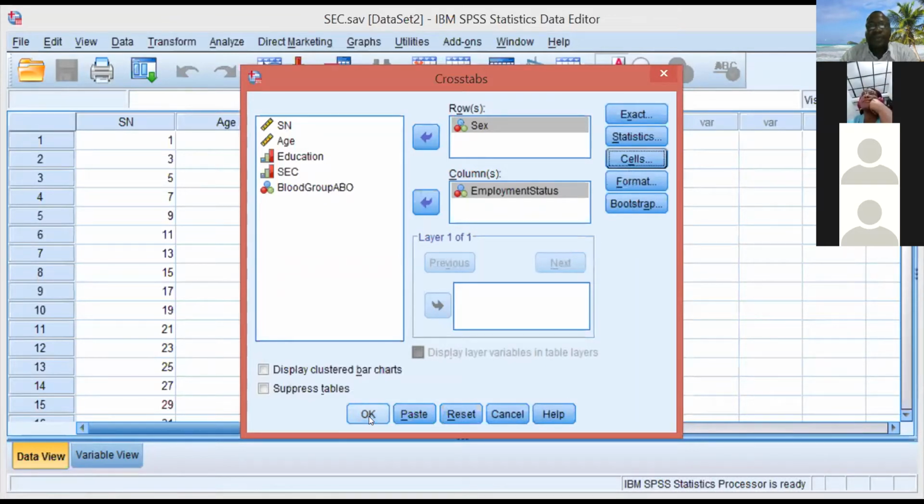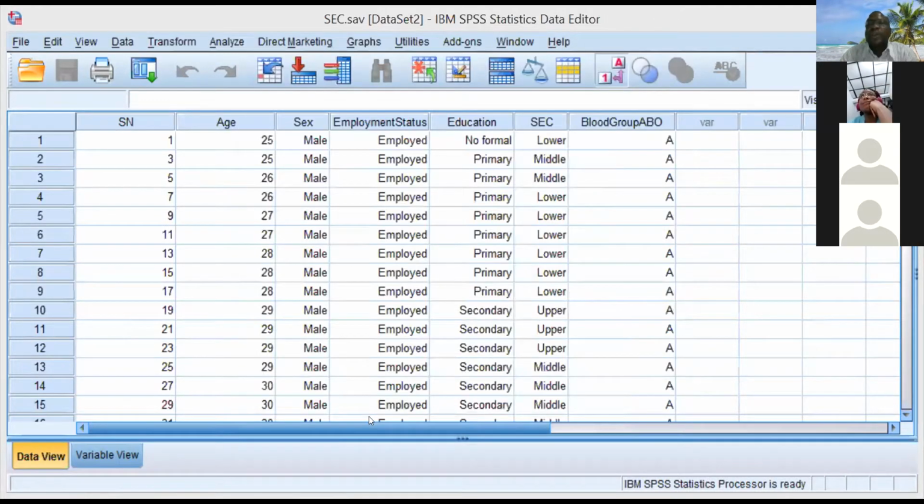Then share your screen. It will not show all the results unless you share. So share the result with us. It's not sharing.